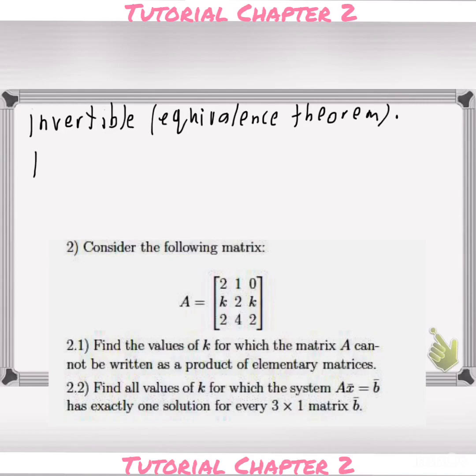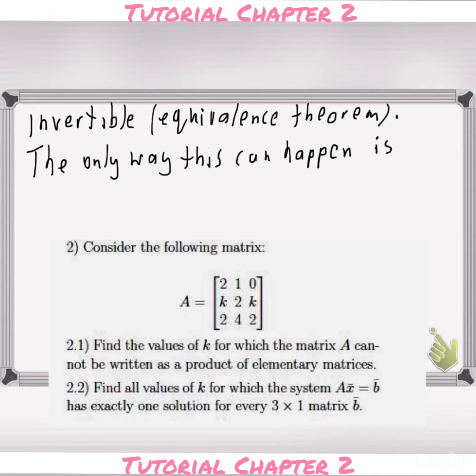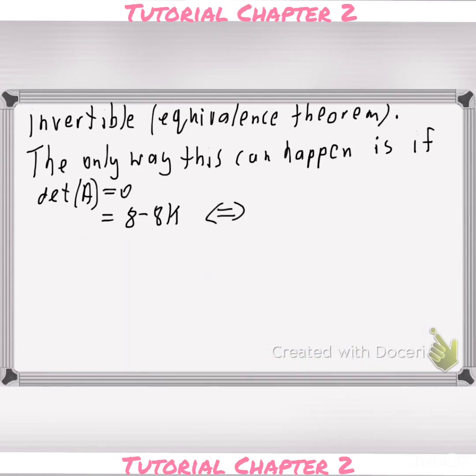So therefore, the only way this can happen is if the determinant of the matrix A is equal to 0, which we said is 8 minus 8k. And that's 0 if and only if k is 1.